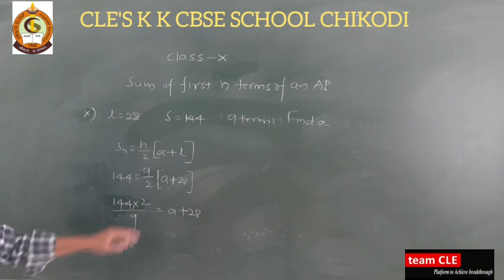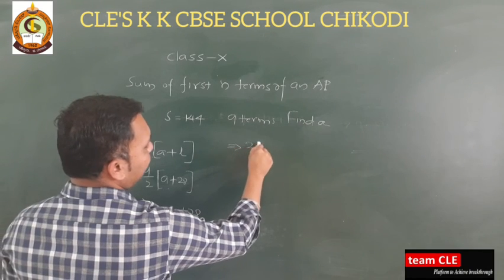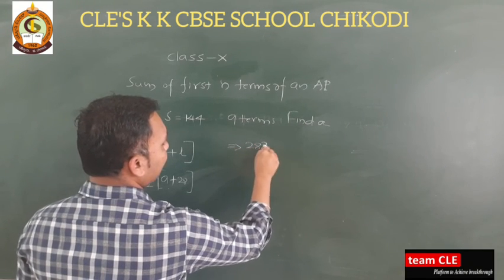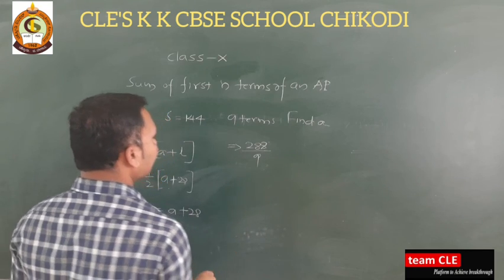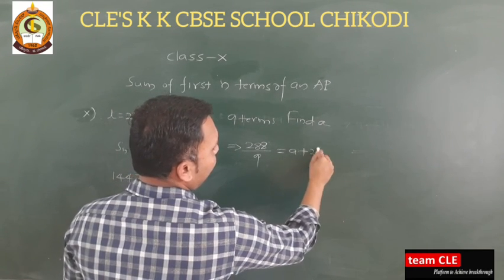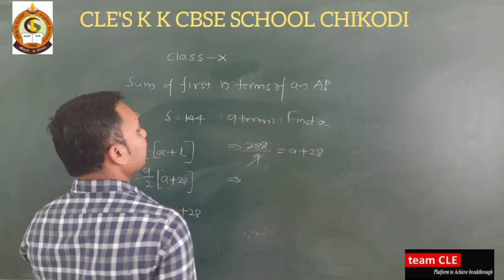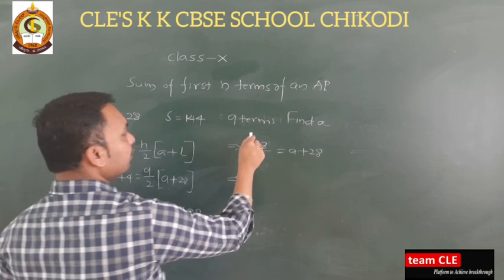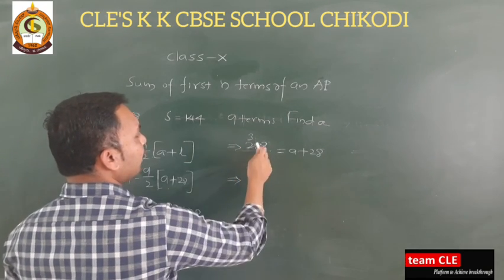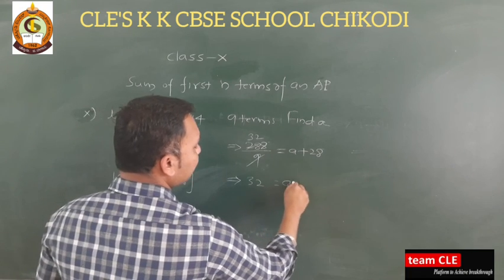Well, so 144 into 2 will get 288 divided by 9 is equal to A plus of 28. Now 9 ones are 9. So how much will get again? 9 3s are 27, 1 remaining 2s are. So we will get here 32. This is A plus of 28.